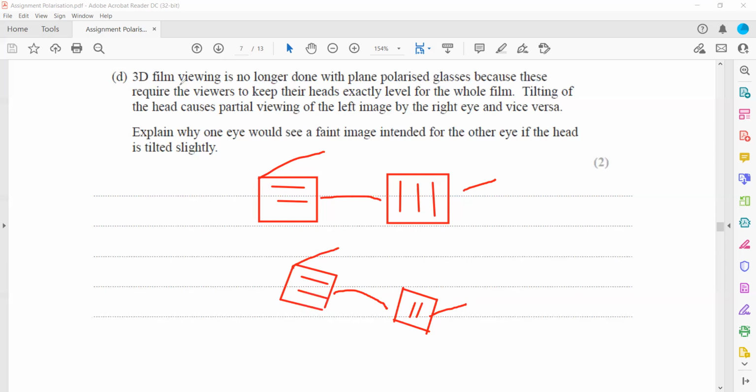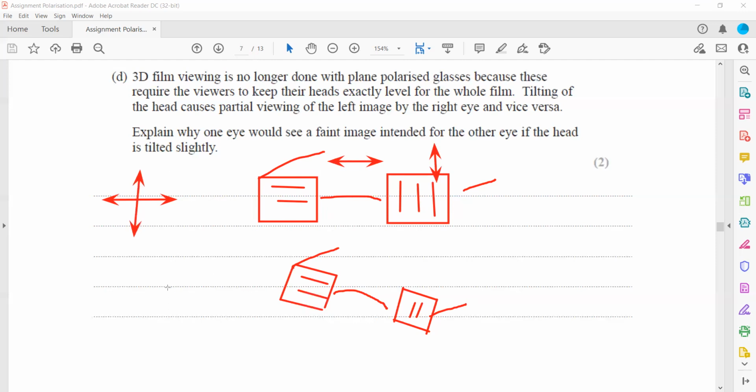What is the reason for that? Because there is a horizontal component and a vertical component. The horizontal component passes through one and the vertical component passes through the other. So a person is able to see it clearly.